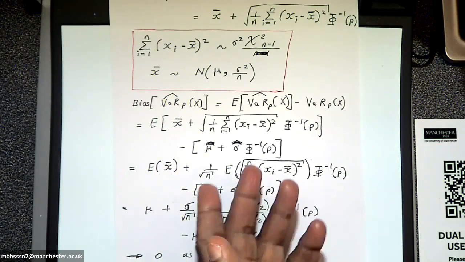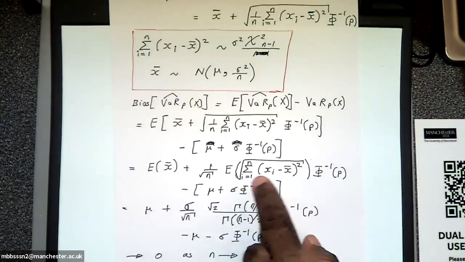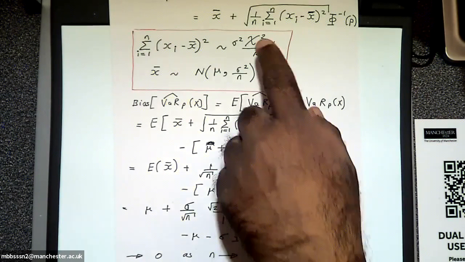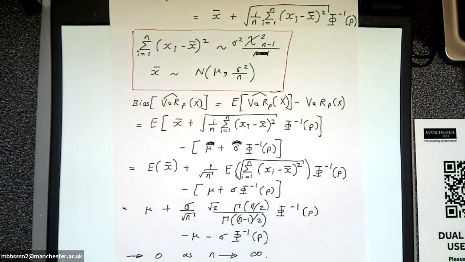I know it doesn't look pleasant. The fact that this is equal to this follows from this, and the fact that this is equal to this follows from this guy after some calculations.